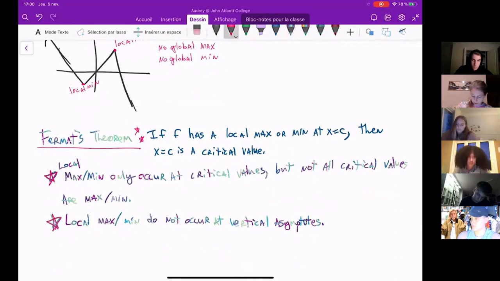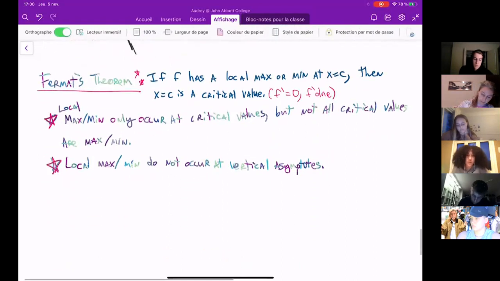And we'll just remind ourselves critical values are when f prime equals 0 and f prime does not exist. So this right here gives us a test that's called the first derivative test. That basically just repeats the same thing but in test form.